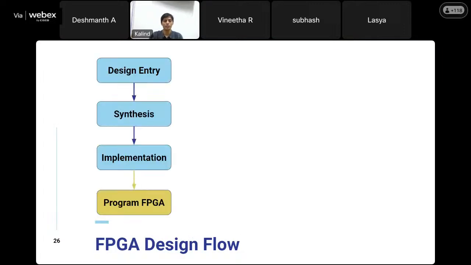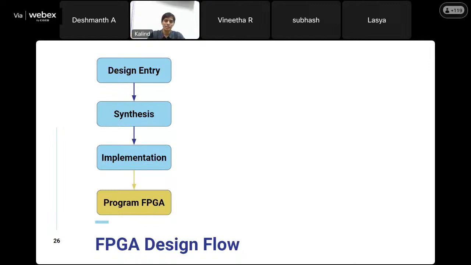In an FPGA design flow, these are the primary steps. The first step is design entry. In design entry, you are writing the HDL code. As I showed you in the previous examples, you will write an HDL model, and this will be an input to your synthesis tool.